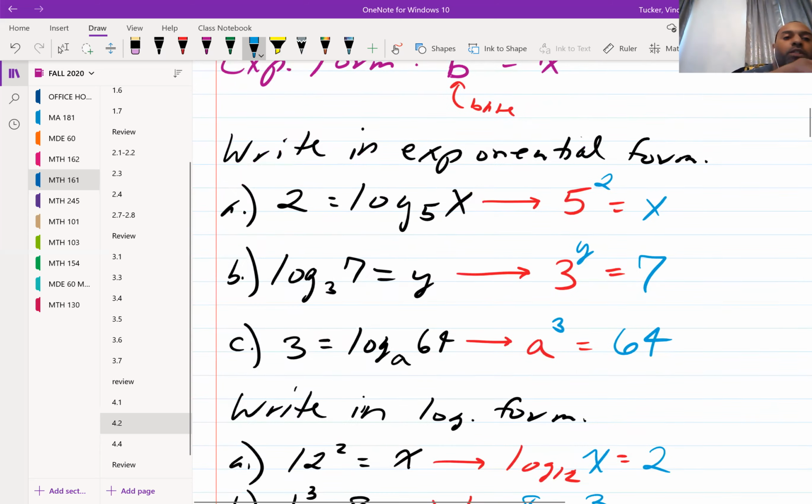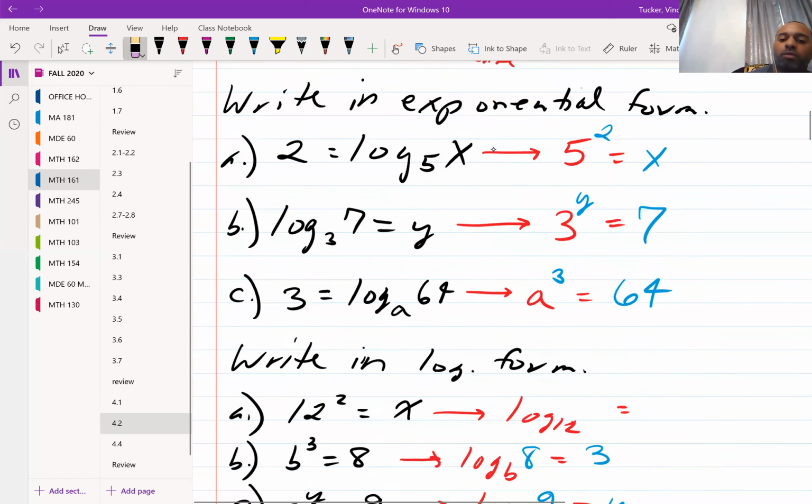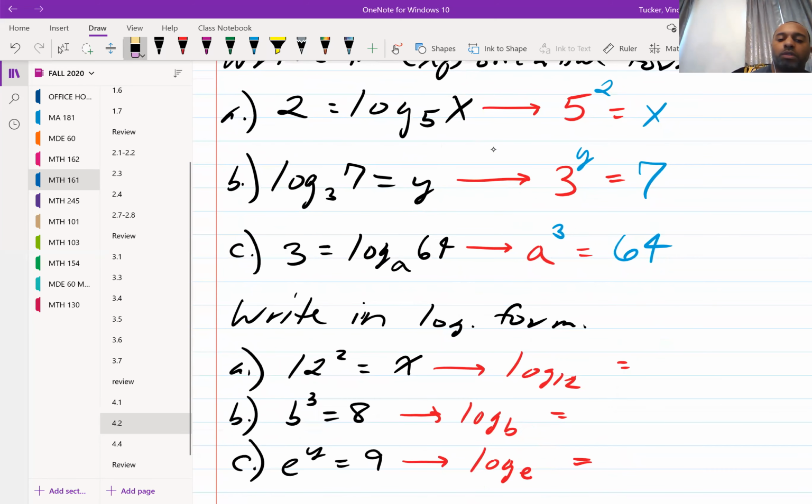All right, so in the next one, we're going the other way. We have our exponential form, and we're going to go and write it in log form.